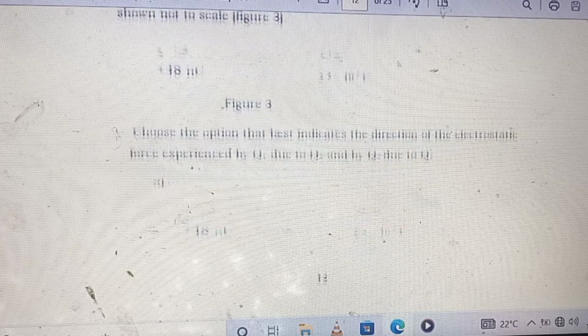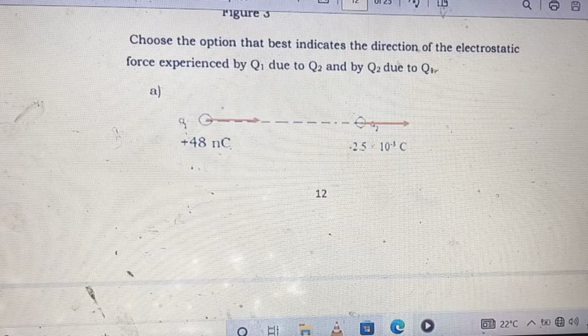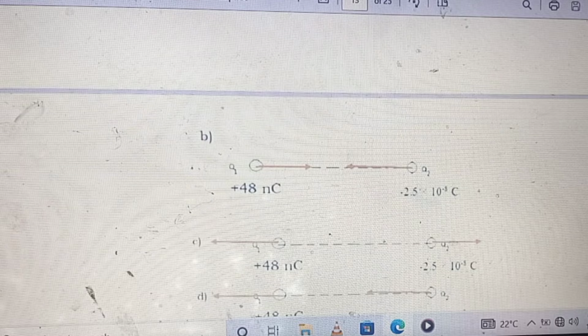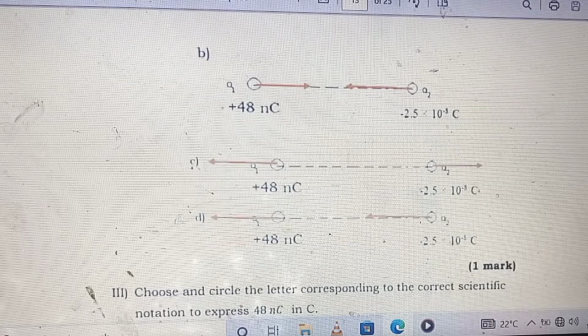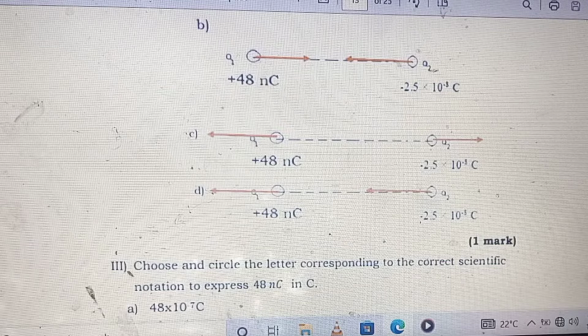We have A, B, C, and D. Choose the best.